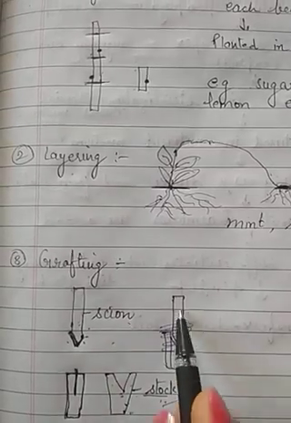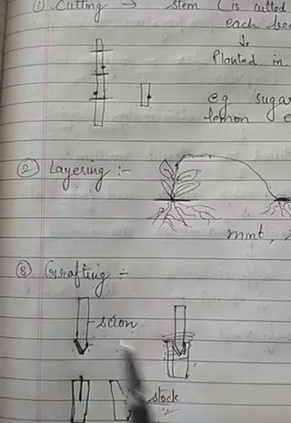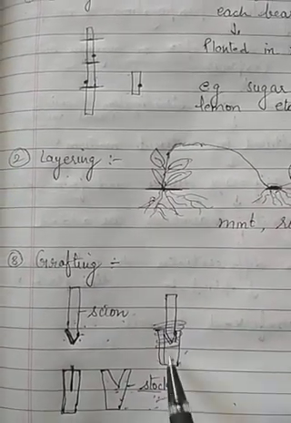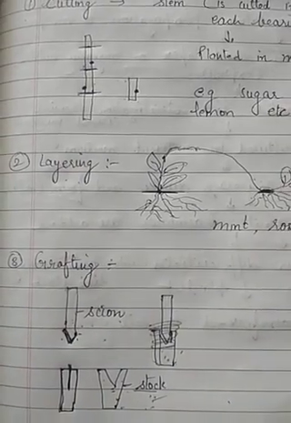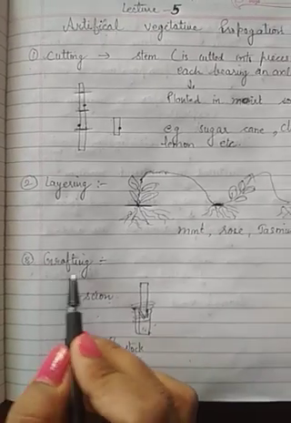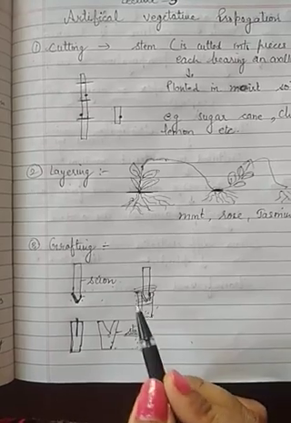So we use the scion of one plant and the stock of a different plant, and when we attach them together, we get a more improved hybrid variety. That is a process in which we graft one stem onto another. That is called grafting.